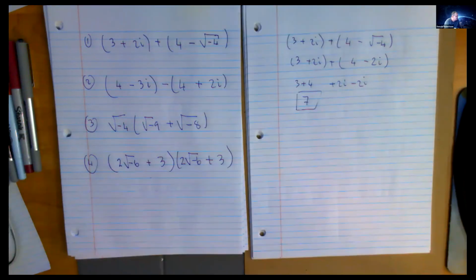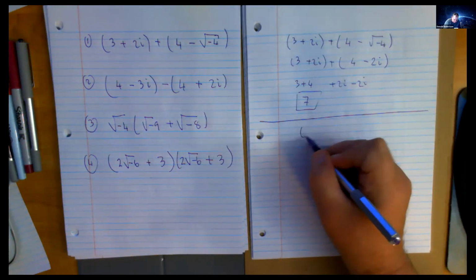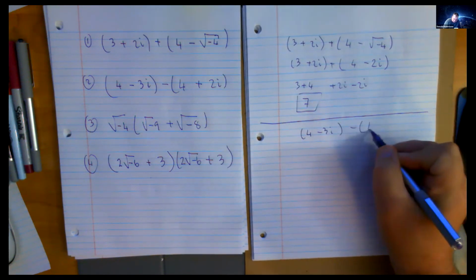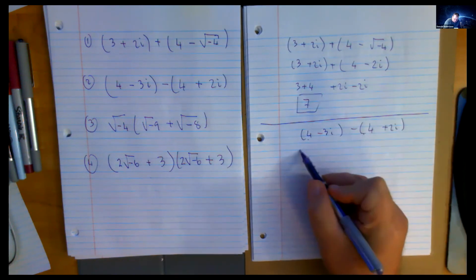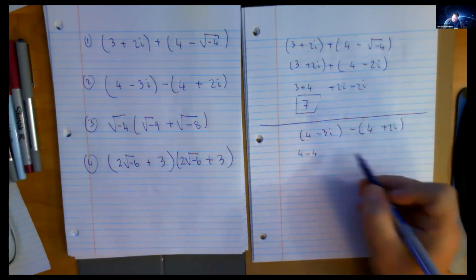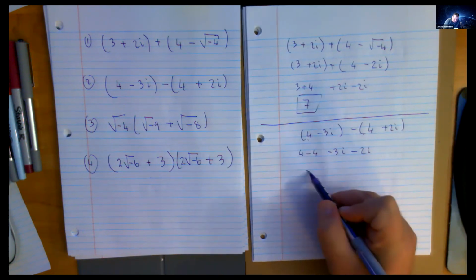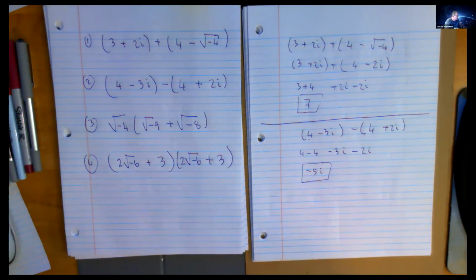So in this case, the answer is 7. The next one has actually got nothing really that special going on. There is a little thing, but hopefully not too big a deal. 4 take away 4 gets you 0, and negative 3 take away 2i gets you negative 5i. So in this question, you see the answer only has an imaginary part. It has no real part.